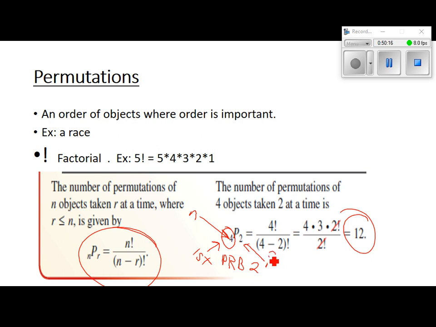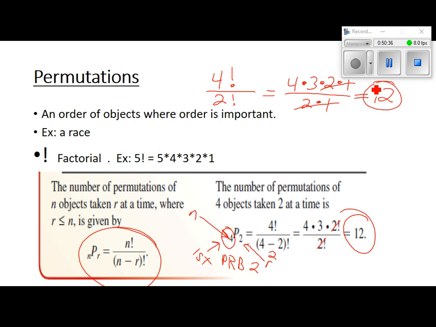Well, 4 minus 2 is just 2. So we got 4 factorial on top, 2 factorial on bottom, 4 times 3 times 2 times 1 on top, and on bottom we got 2 times 1. Well, guess what you can do with that 2 and that 1? Just cancel them out. 4 times 3 is 12.